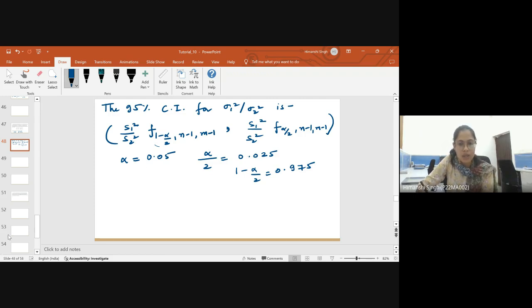Since I have the table for 0.025 with me, I will be calculating this value by using alpha by 2 only. So F 0.025, n minus 1 is what?